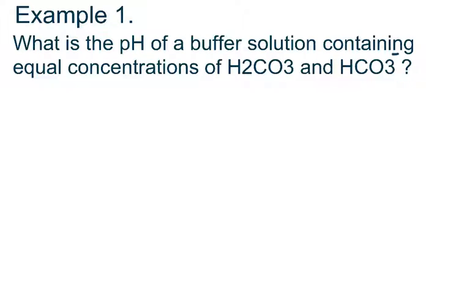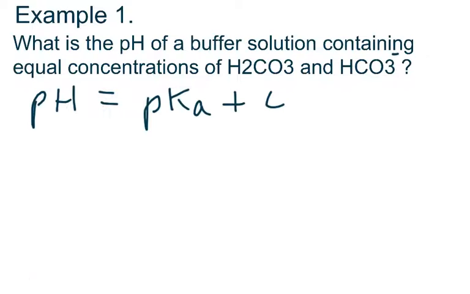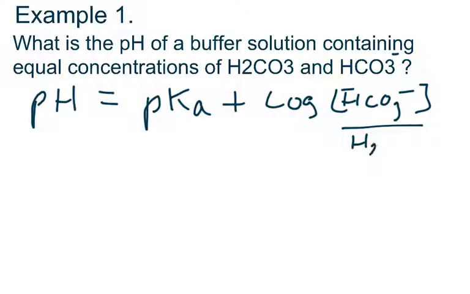Now simply we set up our Henderson-Hasselbalch equation, which is pH equals pKa plus log of the HCO3 minus concentration, because that's your A minus, your conjugate base, over H2CO3.